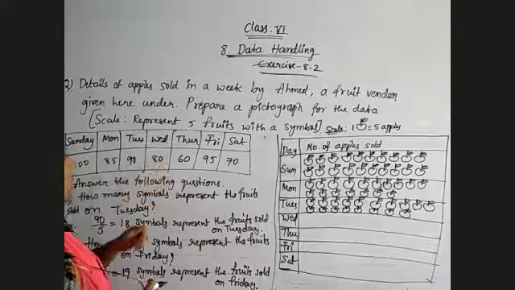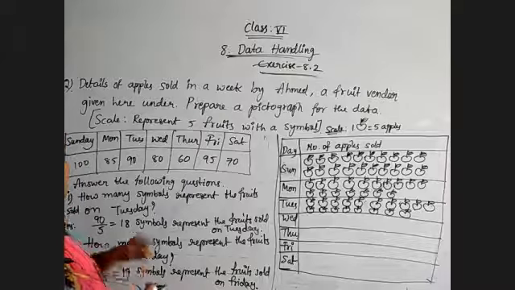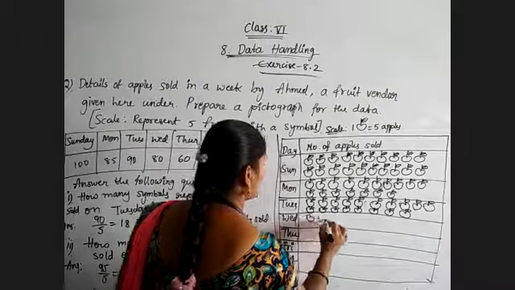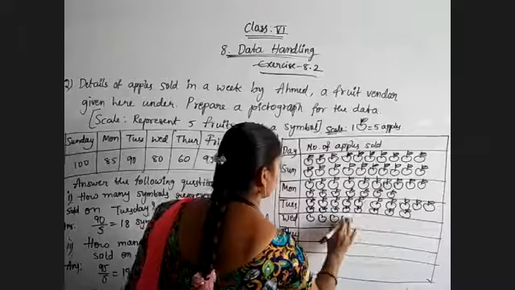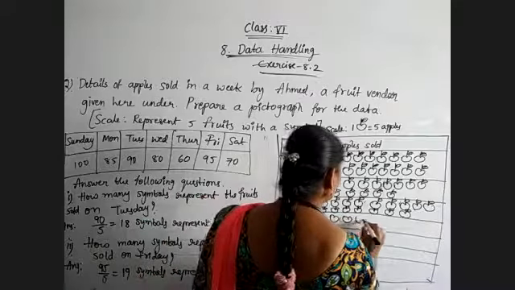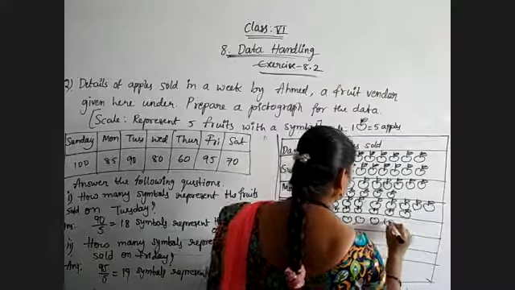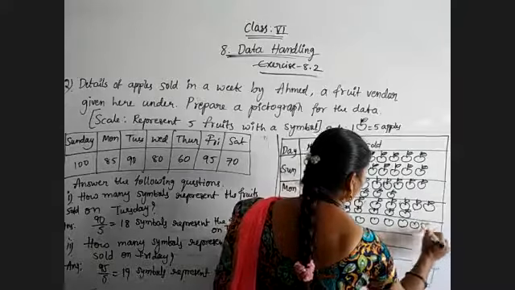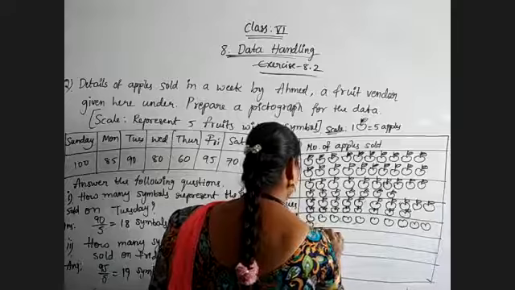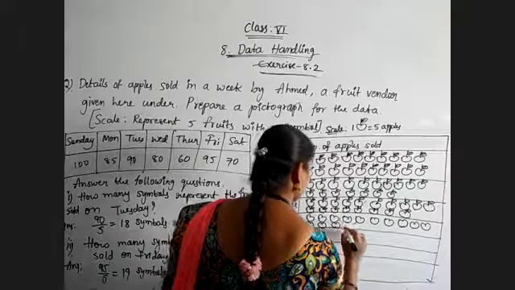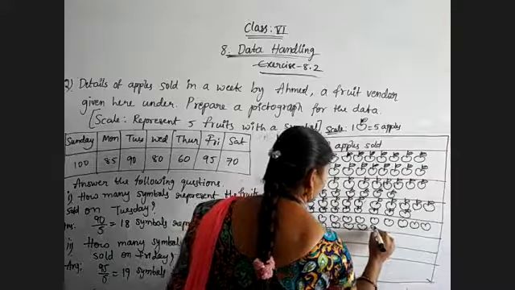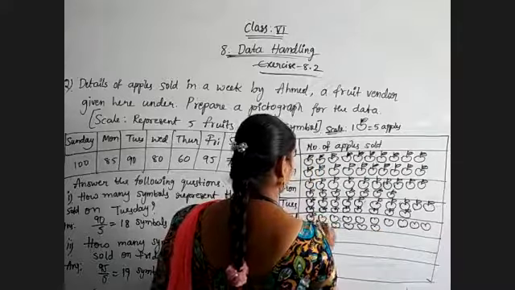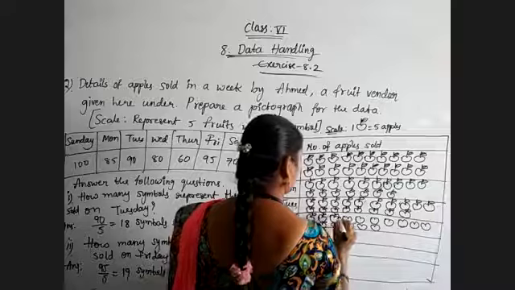Next, on Wednesday, 80. So 80 by 5, 16 symbols we have to draw. So draw clearly.